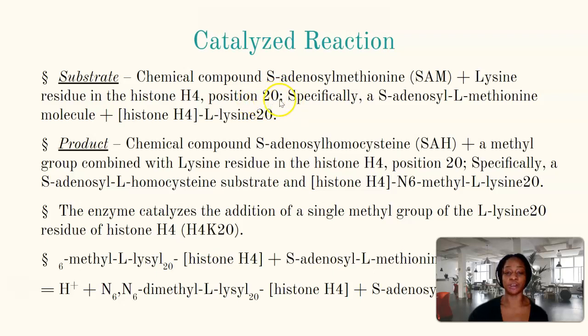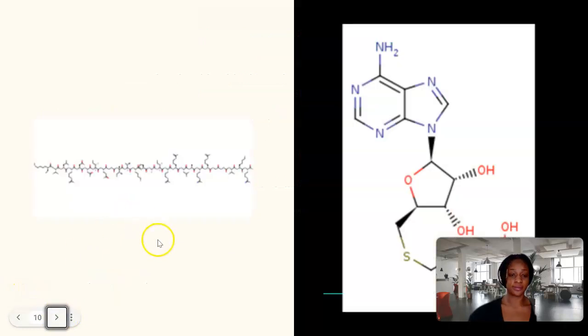That's where the K20 comes from. And the product we have here sort of summarizes this reaction. The enzyme catalyzes the addition of a single methyl group to the lysine 20 residue of the histone H4. And this gives us better images.